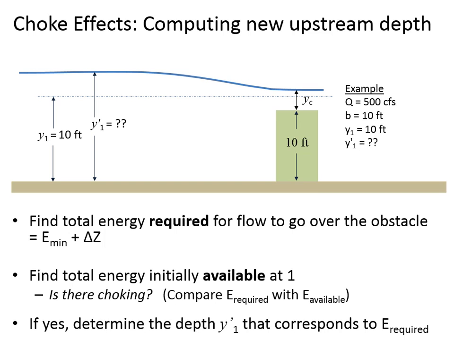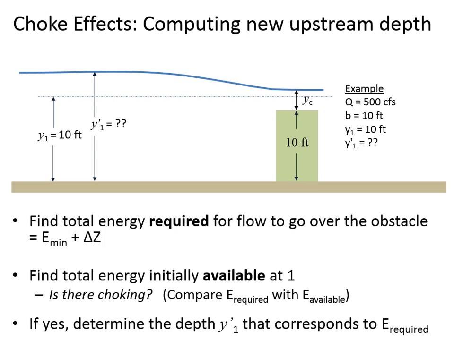The initial depth of the water is 10 feet, and we want to find what is y'1. And so a first step in problems like these is to find the critical depth, and it's easy to do when it's a rectangular channel, and only when it's a rectangular channel is when we would use this particular formula.